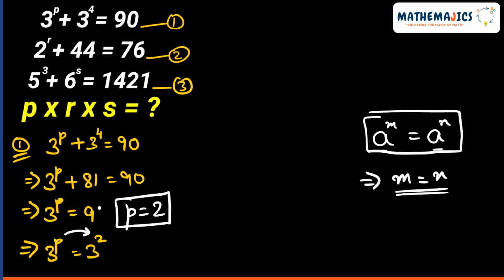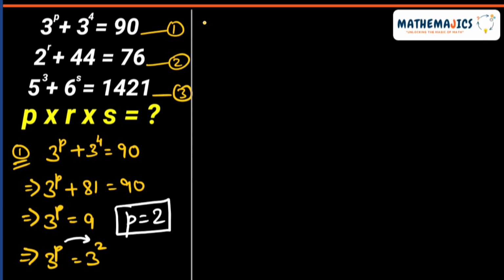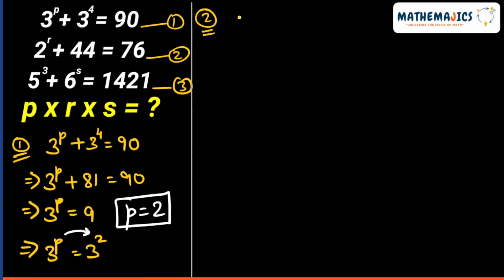Now similarly, we will be solving the second equation and third equation to find the value of R and S. The second equation is 2 raised to power R plus 44 is equal to 76. If we solve this, we will get 2 raised to power R is equal to 32.